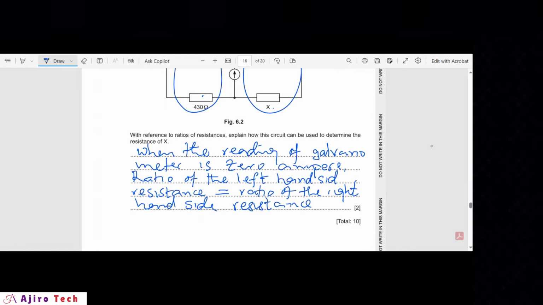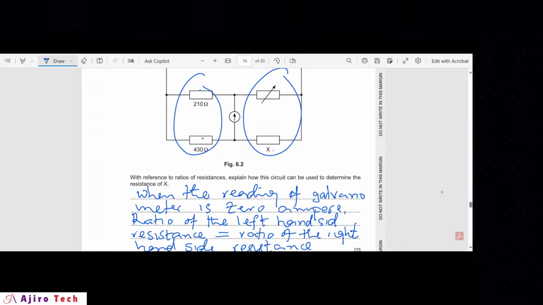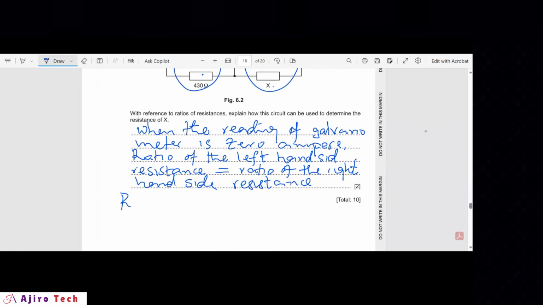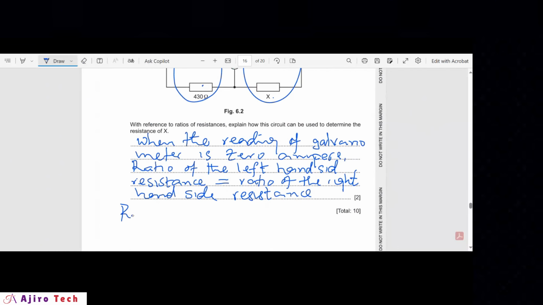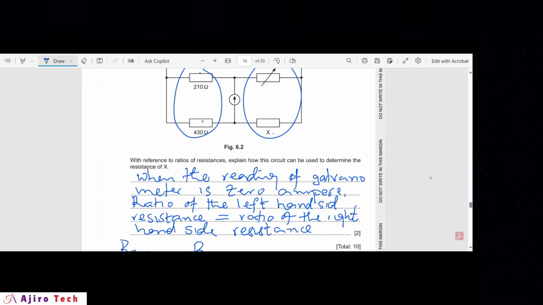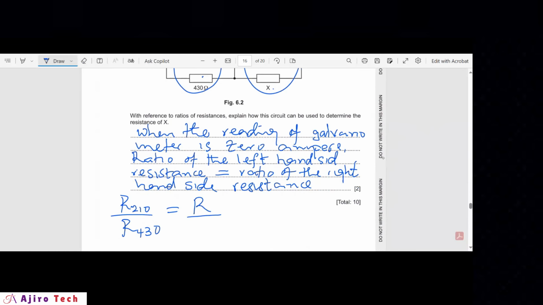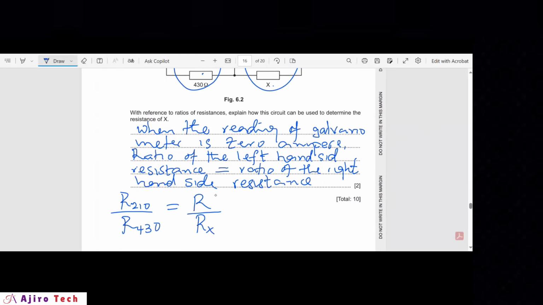When they are equal, you cross multiply and calculate it. It's going to be like this: resistance 210 over resistance 430 is equal to the variable resistor over resistance X. So from them we're able to find it out.